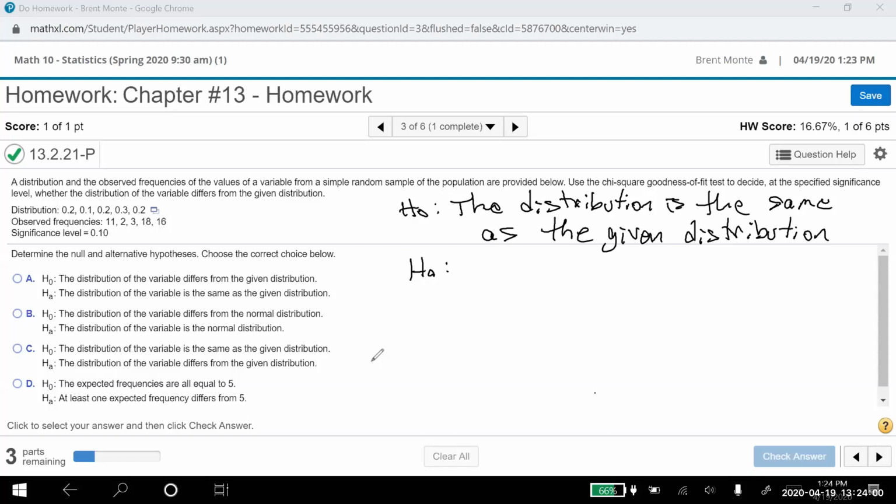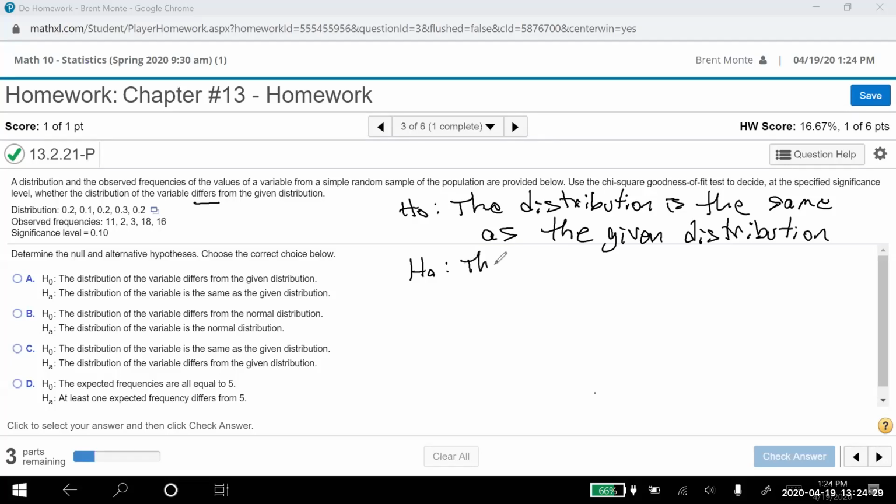The alternative hypothesis, well, that's what the question says, whether the distribution differs. Now, here's the good news. We don't have any left-tailed tests here. We don't have any two-tailed tests because remember, the distribution doesn't go left forever and right forever. It starts at 0 and goes right forever. It's essentially a right-tailed test, but it's testing to see if there's that difference, that observed minus the expected.